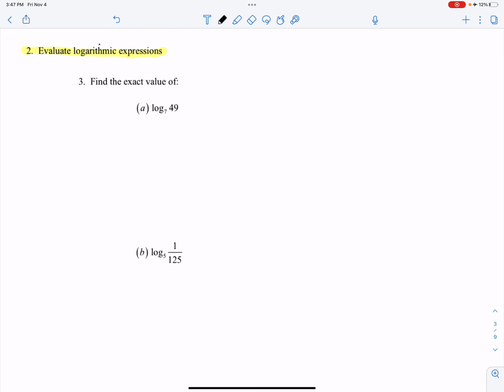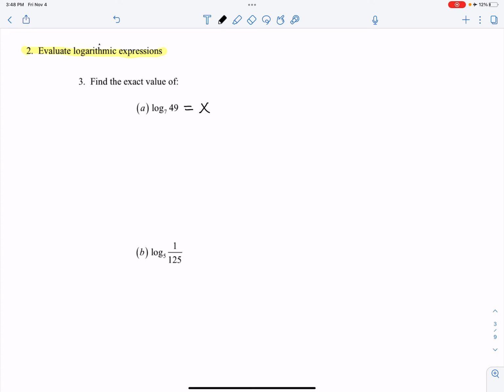Let's use our knowledge of rewriting to find the exact value of these logs. So if I want to know what is log base 7 of 49, well, that's like saying log base 7 of 49 is a number. It's something, I want to know what it is.